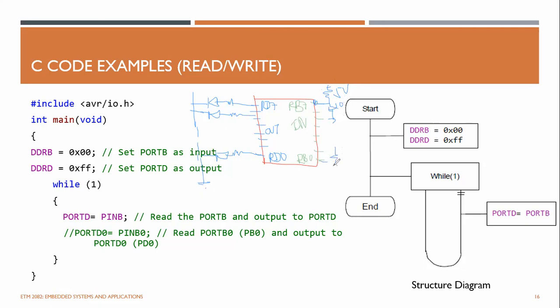Likewise, I can add another switch. Let's say this one is pressed and this one is not pressed. So this LED will be at 5 volt and will light up, and this is pressed, which means 0 volt, and this LED won't light up, right? So whatever value is read from PORTB will be copied to the associated pin of PORTD. So that's the meaning of this program.